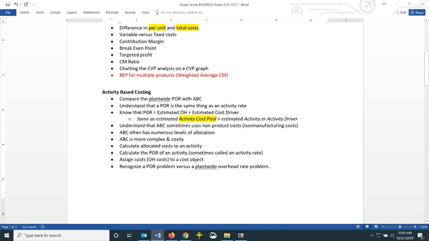And I think I need to put that one in bold down here. Okay, so what you're doing is once you calculate that activity rate or predetermined overhead rate, you will multiply it times the actual use of the driver.